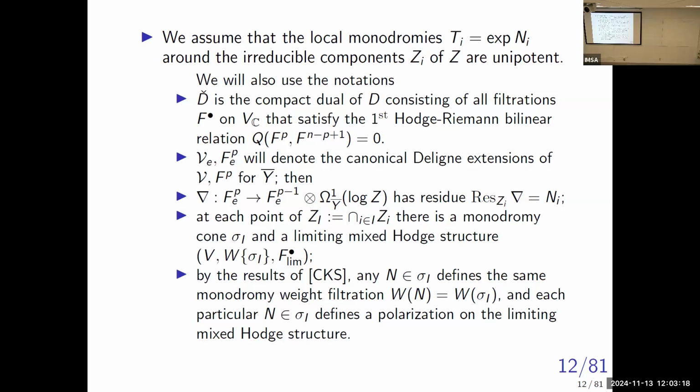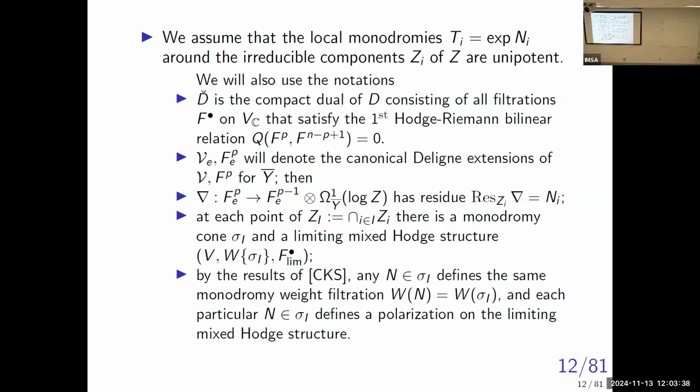So think of 2 curves, you go into the open part of each or to the point of intersection, then you get what's called a limiting mixed Hodge structure. So there's a well-defined Hodge theoretic object in the limits.